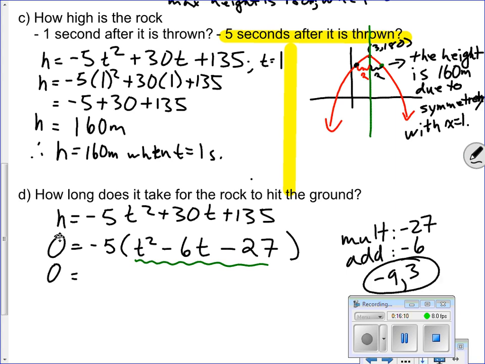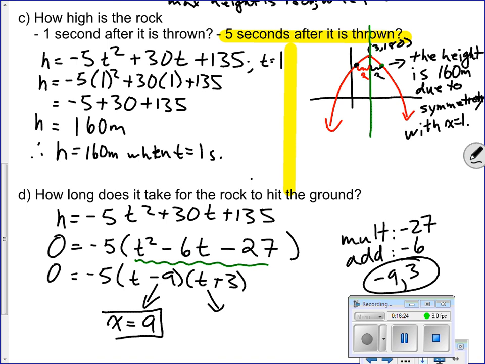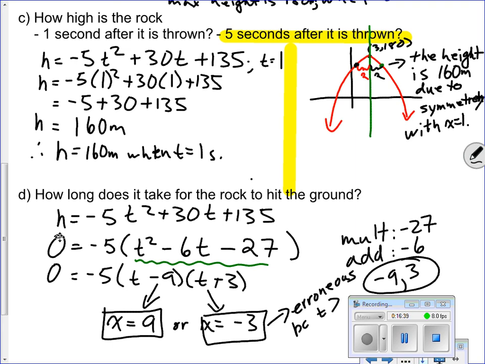So we end up with this: 0 is equal to negative 5 times (t minus 9) times (t plus 3). And that tells us right away that in this case, our answers are t is equal to 9 or t is equal to negative 3. Negative 3 is erroneous because t is greater than or equal to 0.